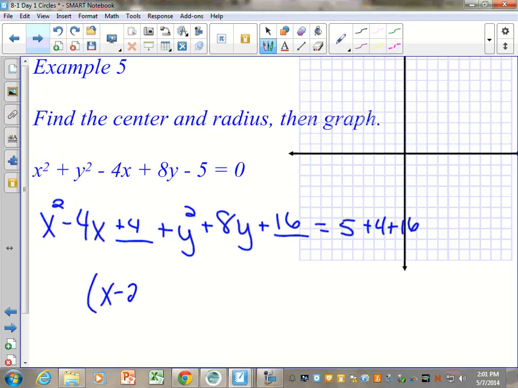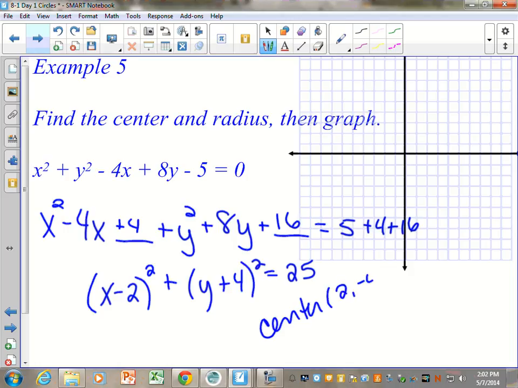So that would be x minus 2 squared plus y plus 4 squared equals 25. So the center is 2, negative 4, and the radius is 5. And this is really the majority of your homework today.